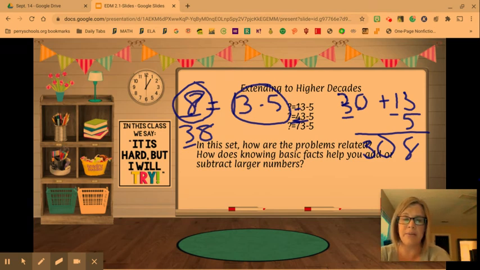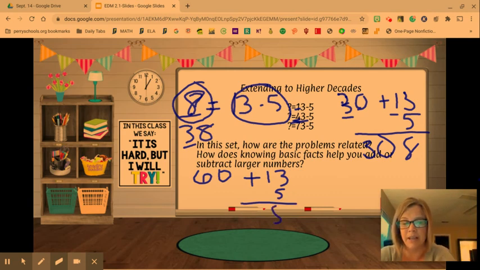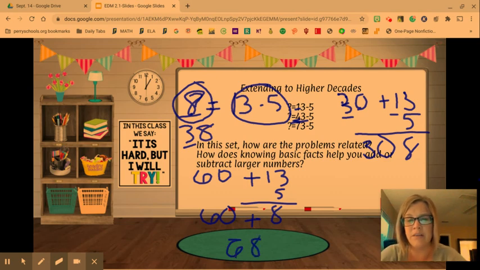I can do the same thing for 73. If I were to decompose this number, break it apart, I would have 60 plus 13. And that's 73. I'm going to take away my 5 because I know my base fact, 13 minus 5 is 8. And then I'm going to have 60 plus 8, and I'm going to recompose them to make 68. So 73 minus 5 is 68.